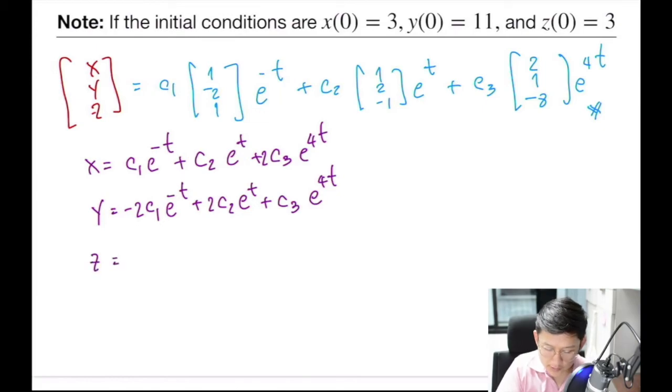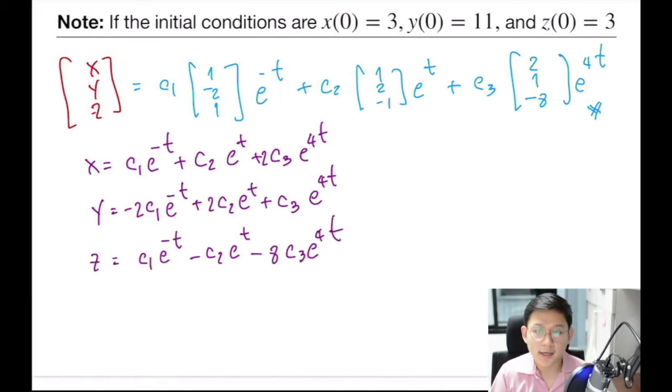And z is minus c1 e to the minus t minus c2 e to the t and plus c3, that is minus 8 c3 e to the 4t. Okay, this is the regular form of this.